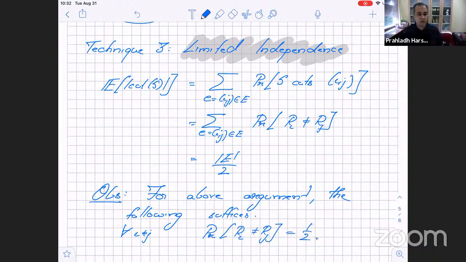If there was some distribution of random points so that for every pair of distinct coins, the probability that they were not equal was half, then the expected value of the cut is |E|/2.